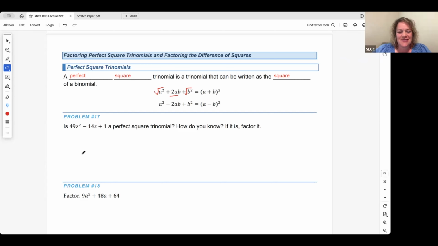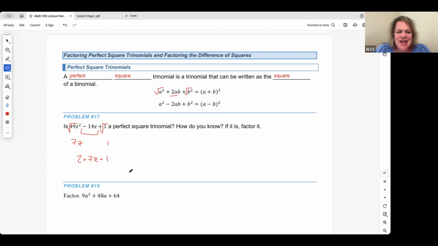Let's try it in problem 17. I see a trinomial 49z squared minus 14z plus 1. How do I know if it's a perfect square trinomial? I take the square root of the first term and the third term. This would be 7z, this would be 1. Then I ask myself, is 2 times 7z times 1 equal to negative 14z? 2 times 7z times 1.